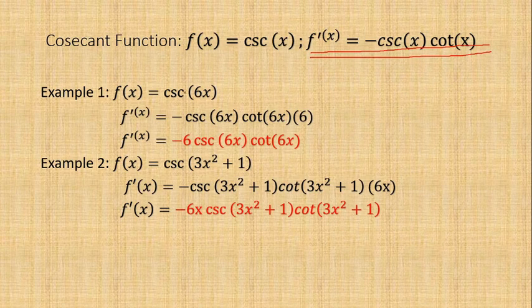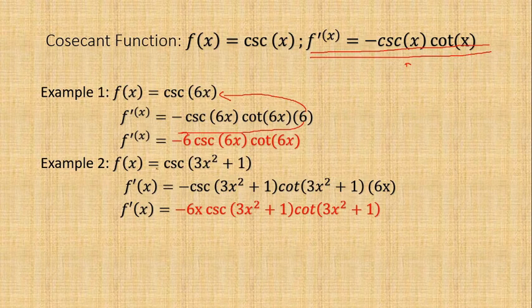Ang nangyari dyan, by following this rule, magiging negative si cosecant, then cotangent, copy 6x, then derive 6x. Okay, don't forget that. After, rewrite it here. So, magiging negative 6 cosecant 6x cotangent 6x.